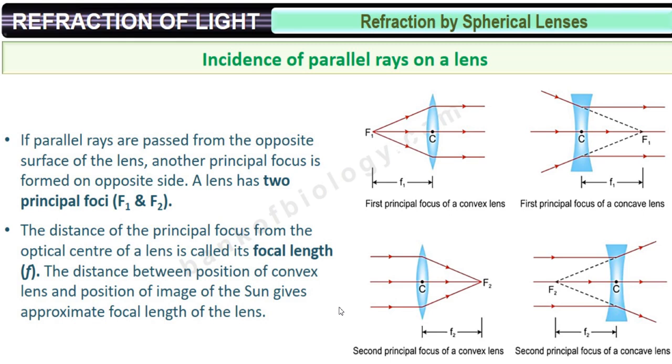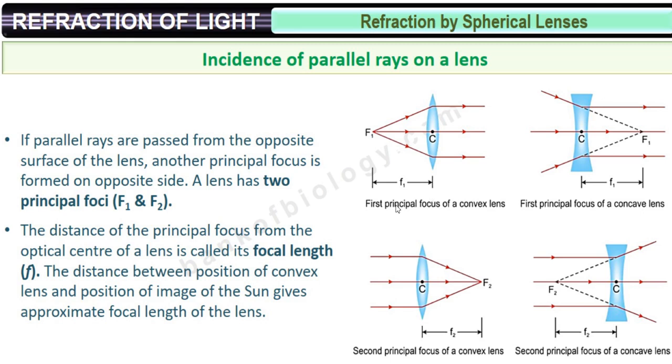Now, if parallel rays are passed from the opposite surface of the lens, another principal focus is formed on the opposite side. A lens has two principal foci, F1 and F2. Same thing. Convex lens converged behind. Concave lens diverged and focus behind.